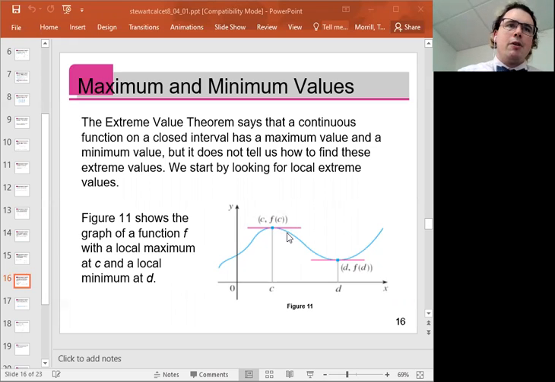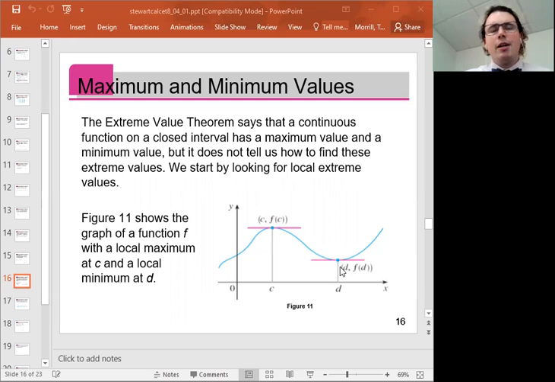Well, here is a graph in blue, and it's got a maximum here, it's got a minimum here, and at both of these coordinates, here's the coordinate for the maximum, well, the tangent line to that function is horizontal there.